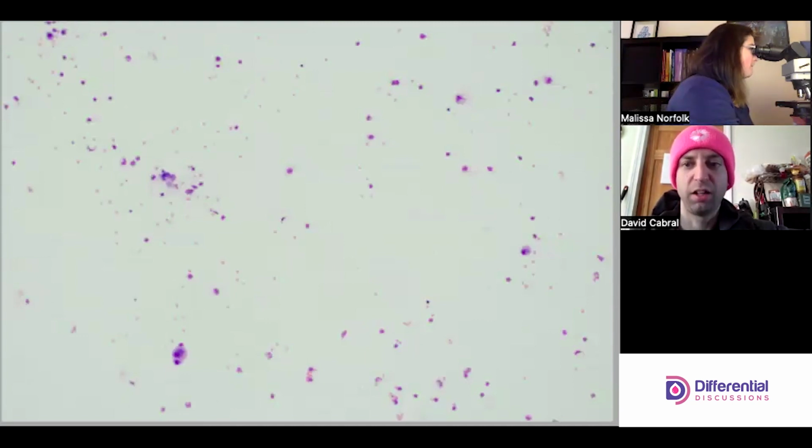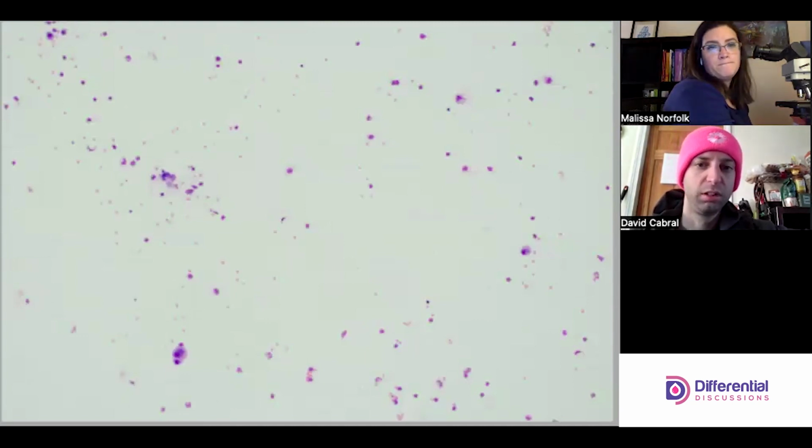And we got some kind of larger cells, right? So perhaps lining cells, macrophages.